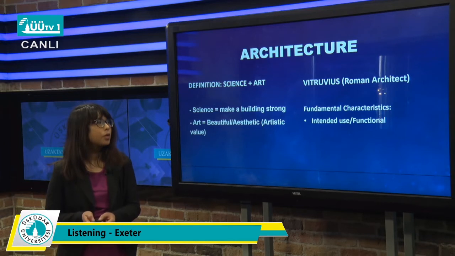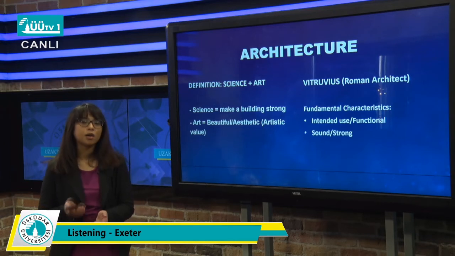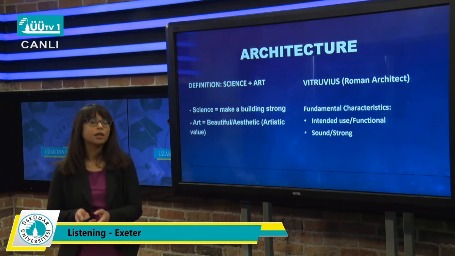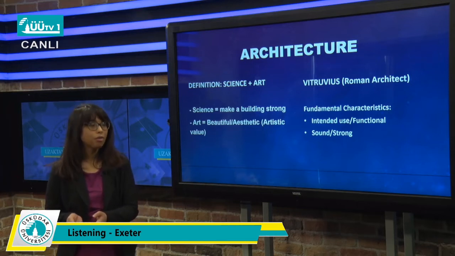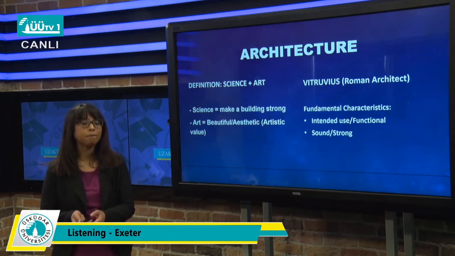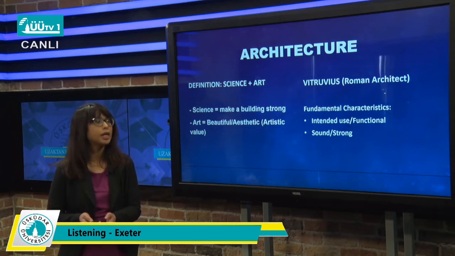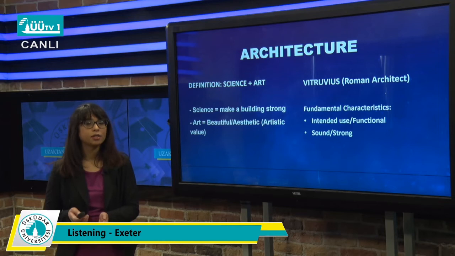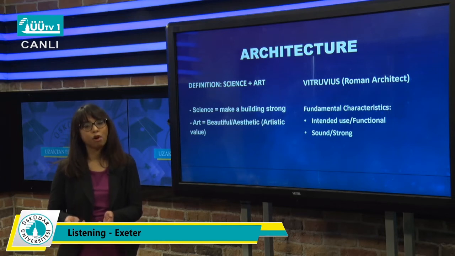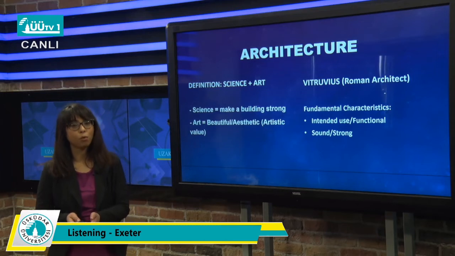Also, a building should be what we call structurally sound. In other words, it should be strong. So the architects must ask these questions, like, is it safe, or is this building strong enough to protect people from the bad weather?